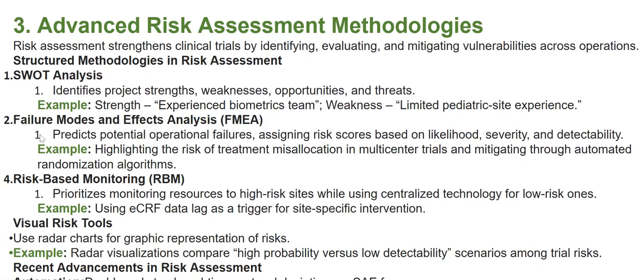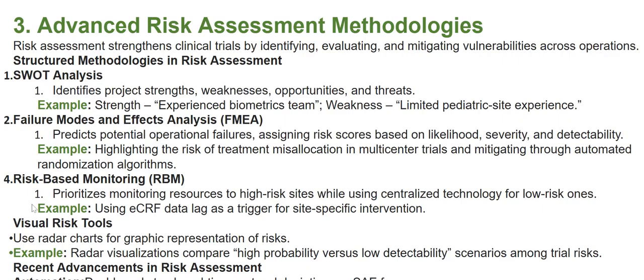Failure modes and effects analysis, FMEA, predicts potential operational failures, assigning risk scores based on likelihood, severity, and detectability. For example, highlighting the risk of treatment misallocation in multi-center trials and mitigating it through automated randomization algorithms.